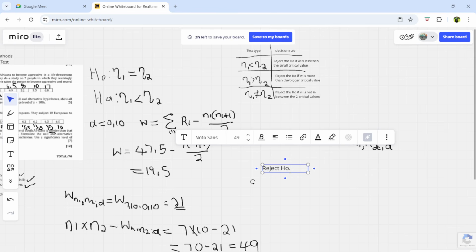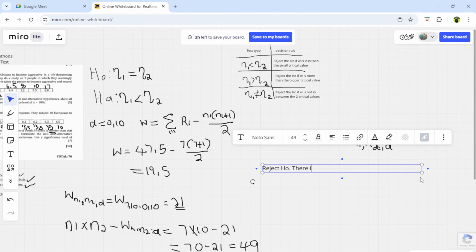The conclusion you're going to draw is: there is enough evidence to say that South Africans have less reaction time than Europeans.